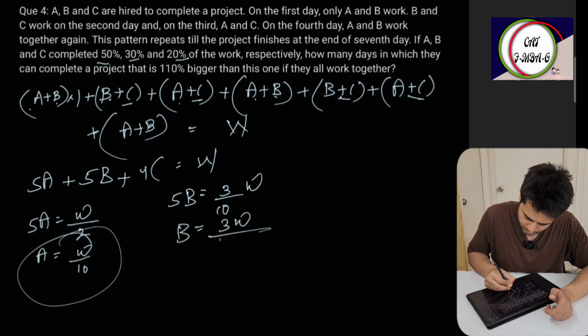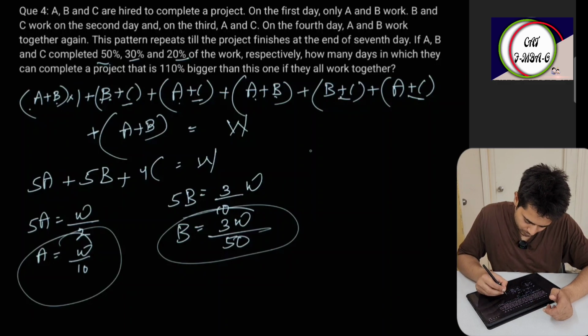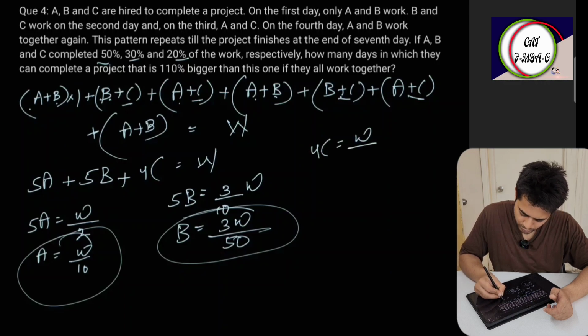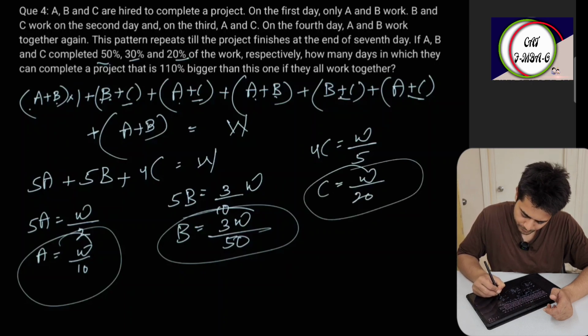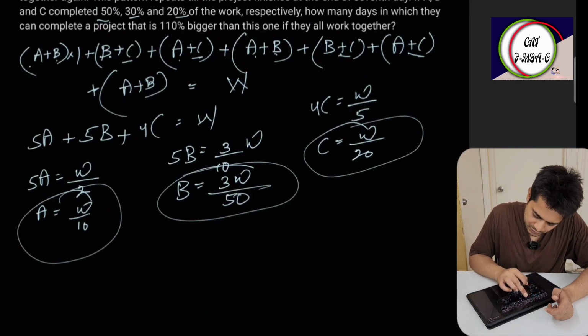B is equal to 3W by 50. Now C completes 20% of the work, so 4C is equal to W by 5. C is equal to W by 20. Okay. How many days in which they can complete a project? That is 110% bigger.